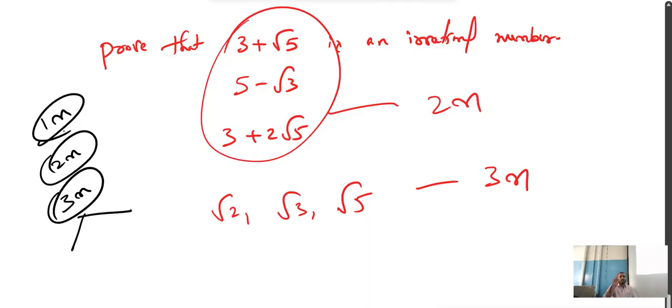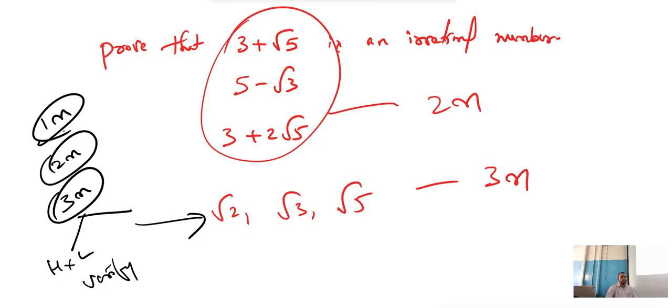The first type is where they ask you to find the HCF and LCM, and also ask you to verify them. Then it carries 3 marks. If not, if they ask you single-digit numbers like root 2, root 3, root 5, then it carries 3 marks. The rest are all 1 and 2 mark questions from this chapter. Any doubts? Sure? Very good.